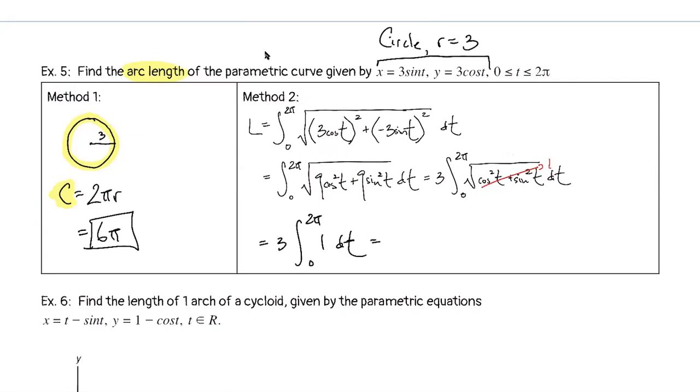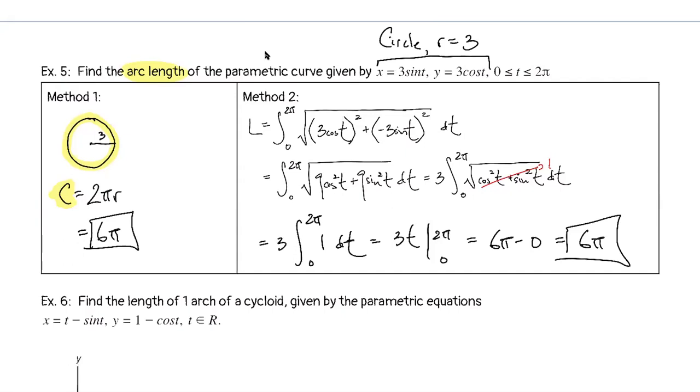And when we take that integral, we end up with 3t, and we're going to plug in 2 pi, and we're going to plug in 0. And that's going to give us 6 pi minus 0, or 6 pi.